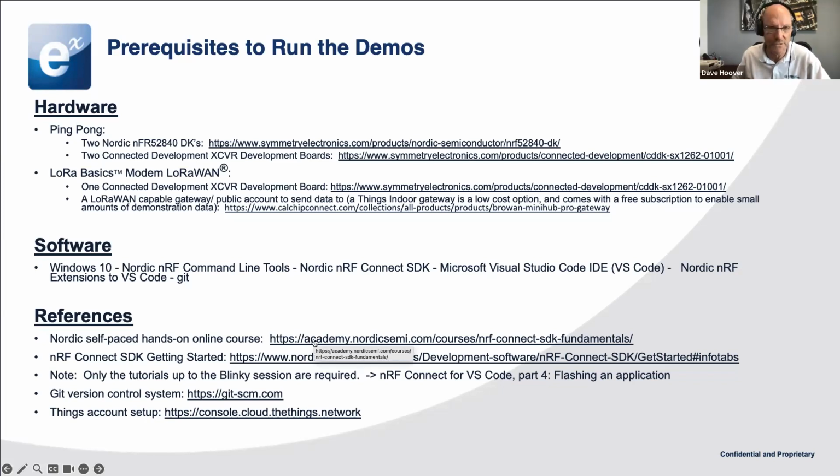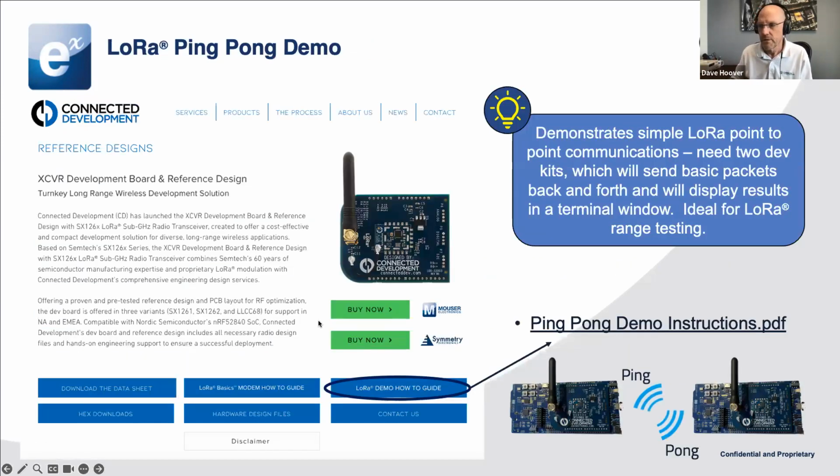It's very well set up, and it gets you the idea of what the tools are and how you use them. So that's highly recommended if you're doing any kind of compiling of these demonstration examples. And then down at the bottom, if you're using that Things gateway, this is a good resource right here on how to set up that gateway and how to visualize any data that you're uploading from your devices.